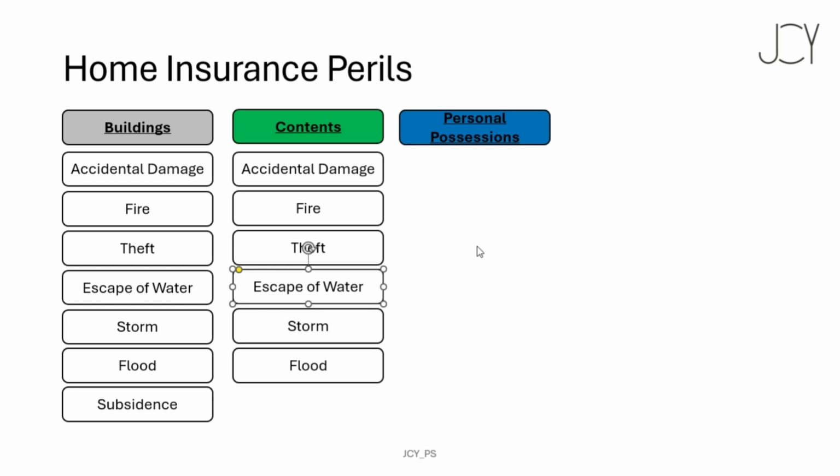You may have noticed that for personal possessions, there aren't any perils specified, and this is because it's relatively small coverage compared to buildings and contents, and maybe the data is not there.